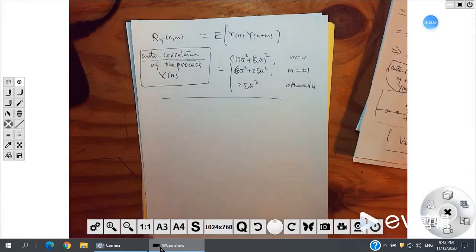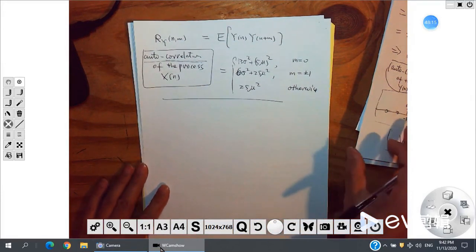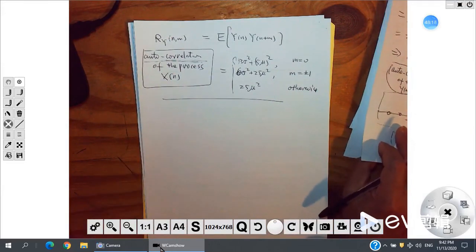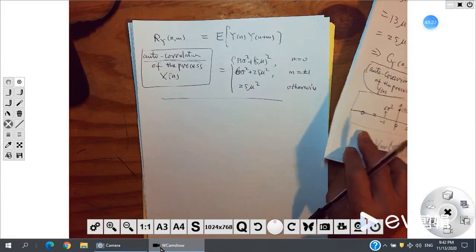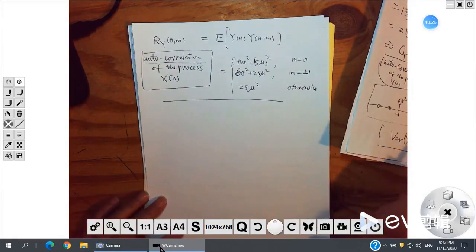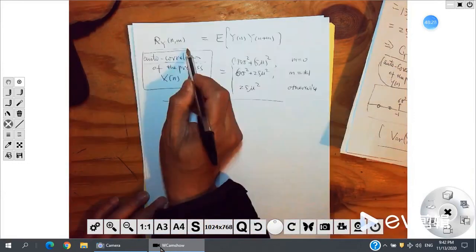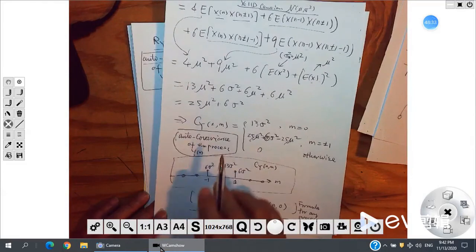Okay, we are done. We finished calculating these two random processes. We know a lot of things about them, right? We know one is IID Gaussian. The other is Gaussian but not IID. It's just stationary. And both of them are wide-sense stationary. And we can have the autocorrelation, autocovariance, and they are mean.